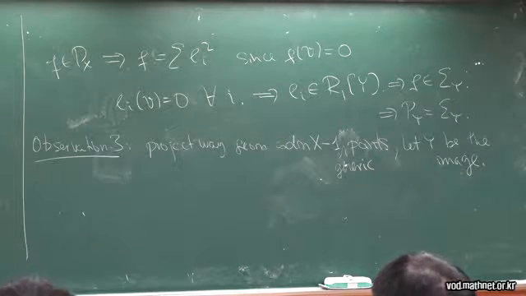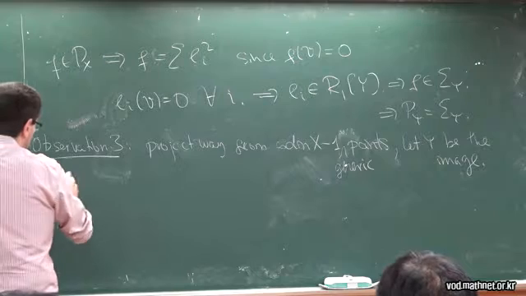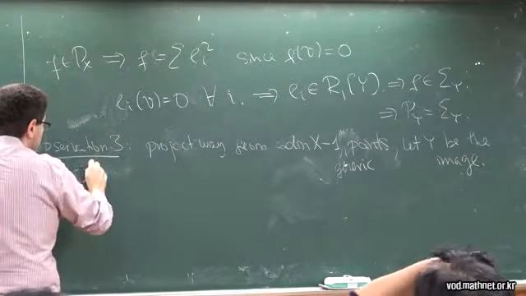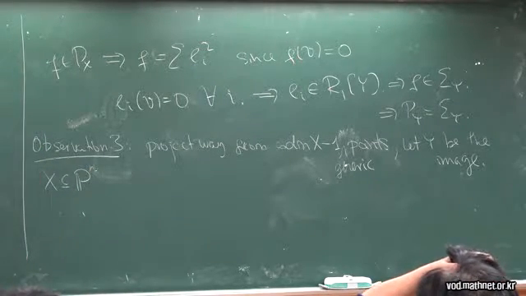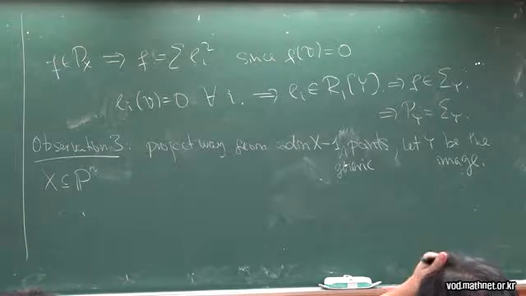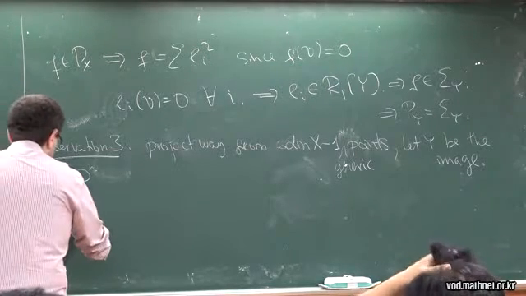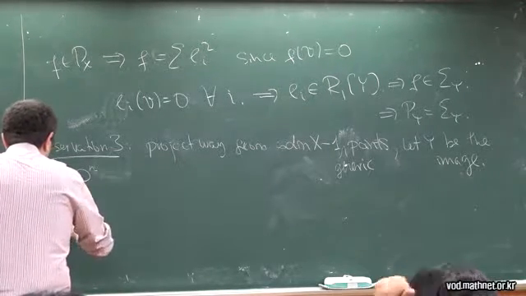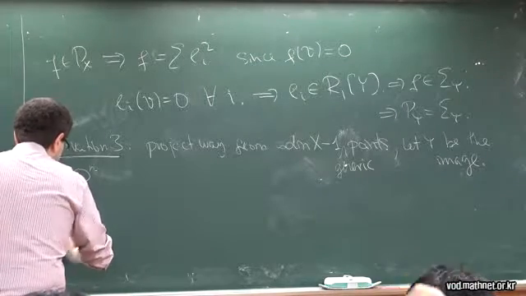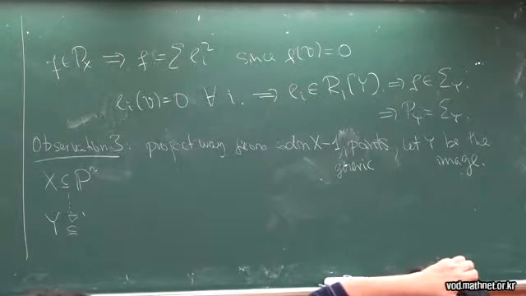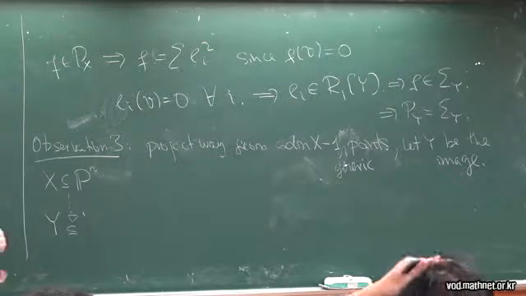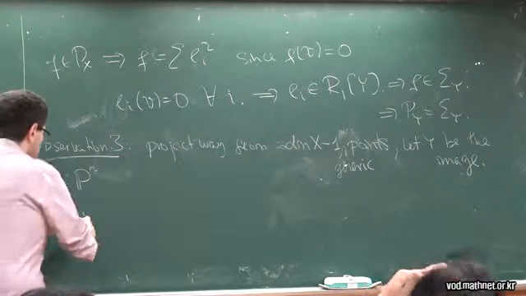So what happens? Let's think about it. We have x sitting inside P^n, and then we project away to y, and that sits inside P^(n minus codimension x many) points.